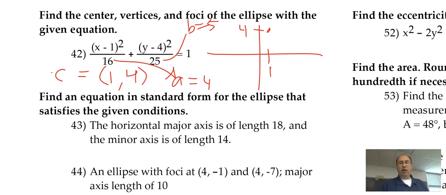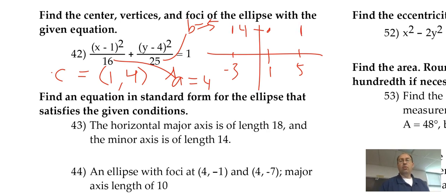So how far? Now, interestingly, when I was grading the Chapter 8 conics, I saw people that, instead of going 4 right and 4 left, thought that the minor axis was the entire length 4. So they only went 2 to the right and 2 to the left instead of going all the way over to 5 and negative 3.